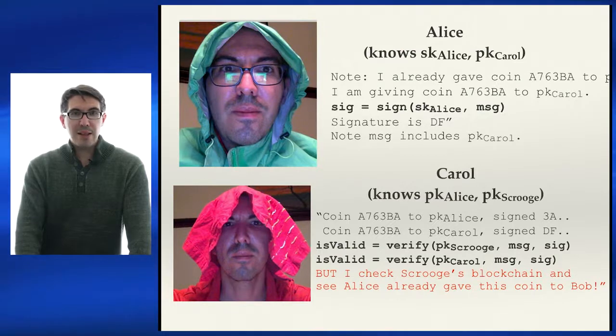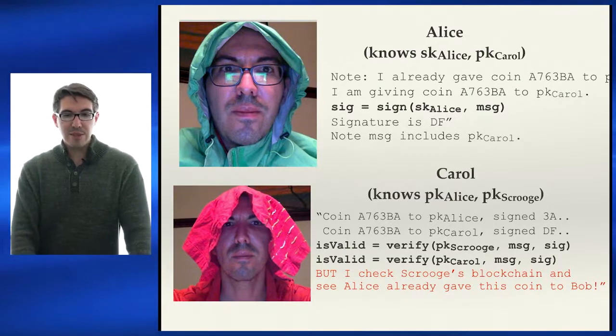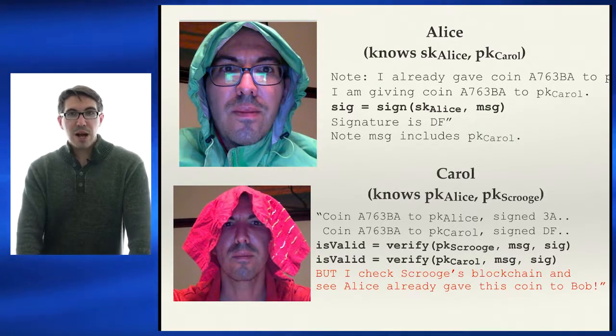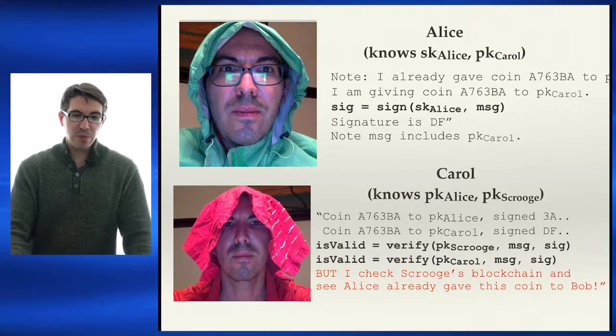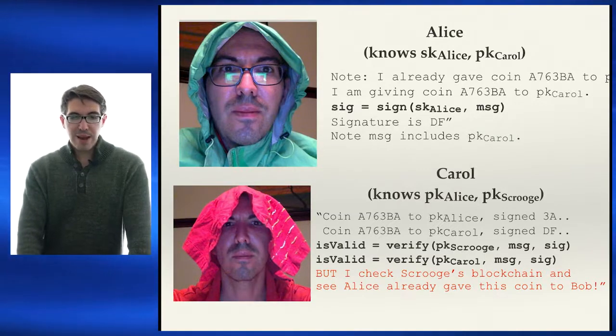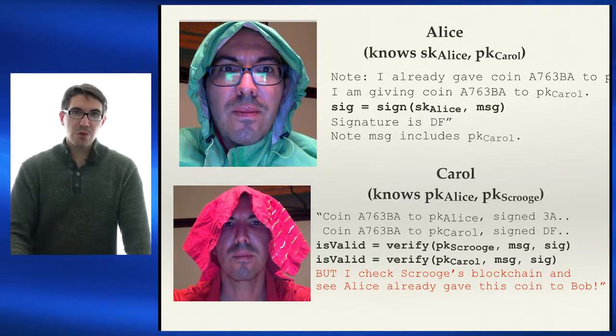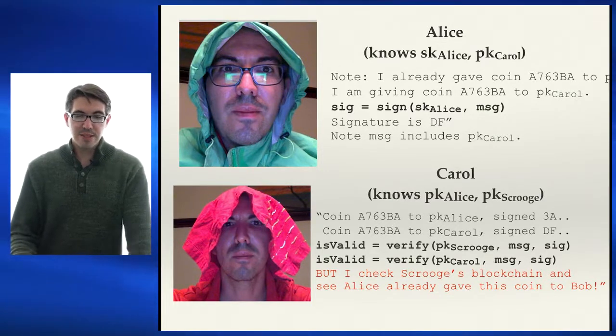So now when Alice tries to double spend, note she's already given the coin A763BA to Bob's public key. She then tries to give the coin to Carol, but Carol can look through and see that, one, yes, the coin is valid, it was sent.